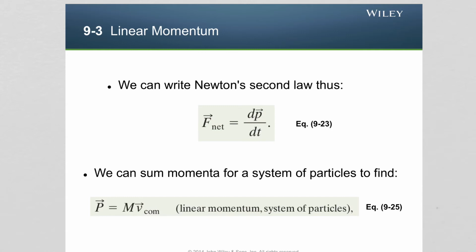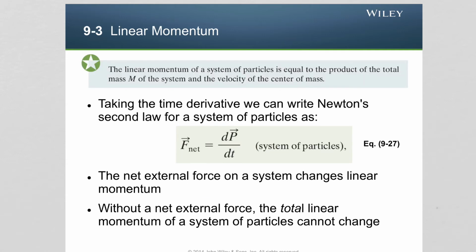First, for a system of particles, the linear momentum P will be equal to the product of the mass of the entire system times the velocity of the center of mass, v_com. Then, taking the time derivative, we can write Newton's second law for a system of particles as the net force acting on that system of particles is equal to the time derivative of the linear momentum of the entire system.